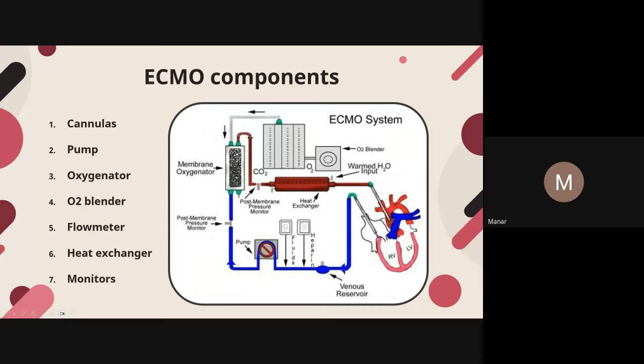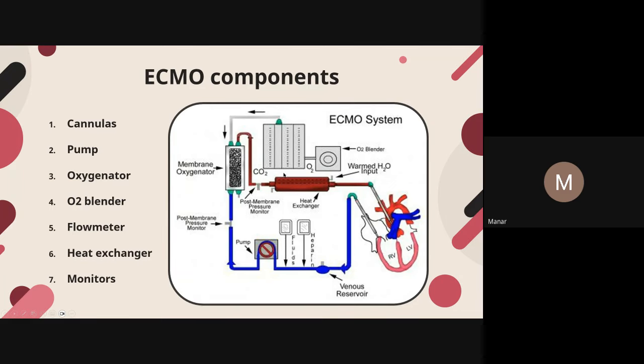Now this is the main device that actually oxygenates the blood. It has small fibers inside that contain oxygen from the O2 blender and the flow meter. So the blood goes around those fibers and gets oxygenated and then goes again into the arterial cannulas, and then they go into the patient's body.